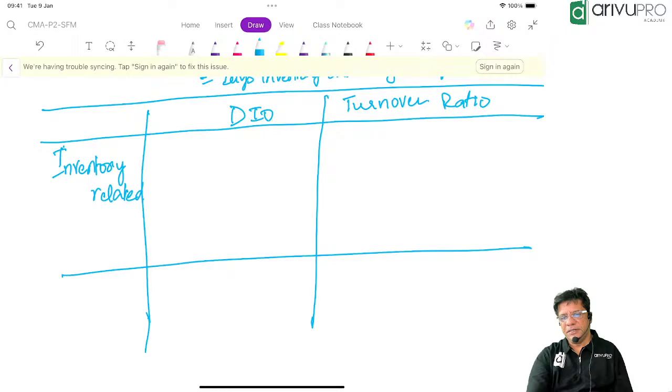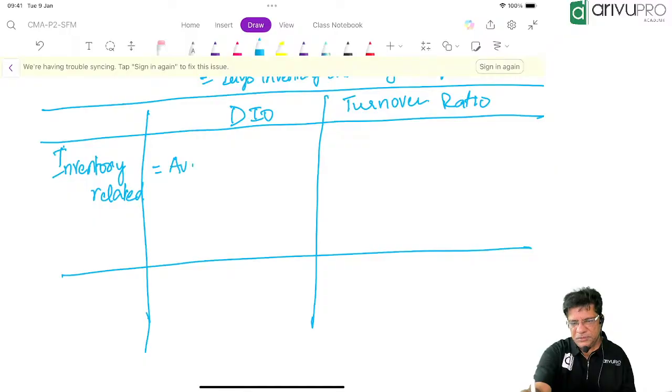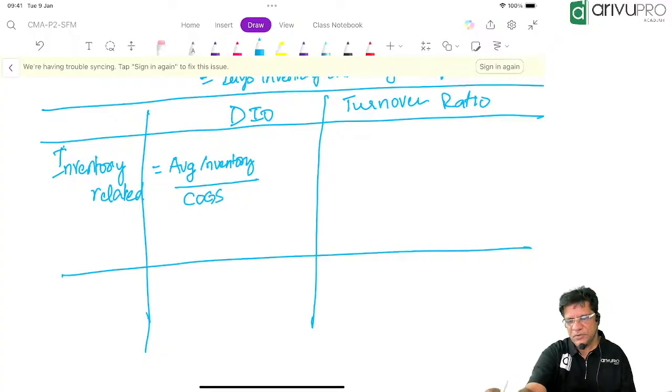How to calculate DIO? DIO is equal to average inventory divided by cost of goods sold, COGS, into 365 or 360 days.